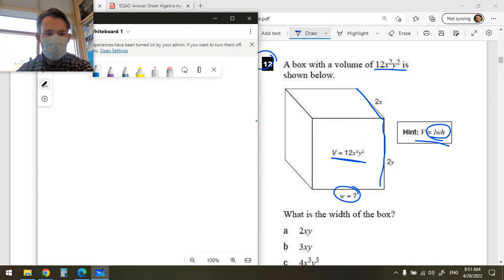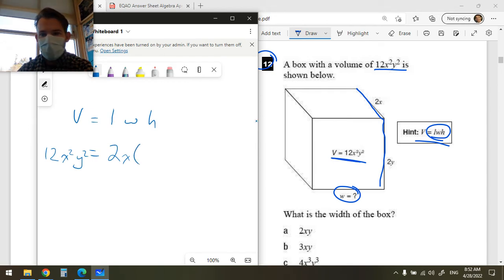If I know that the volume is equal to length times width times height, let's put those in. Volume was 12x squared y squared, and the length here is 2x, times the width, which is unknown, times the height, which is 2y.